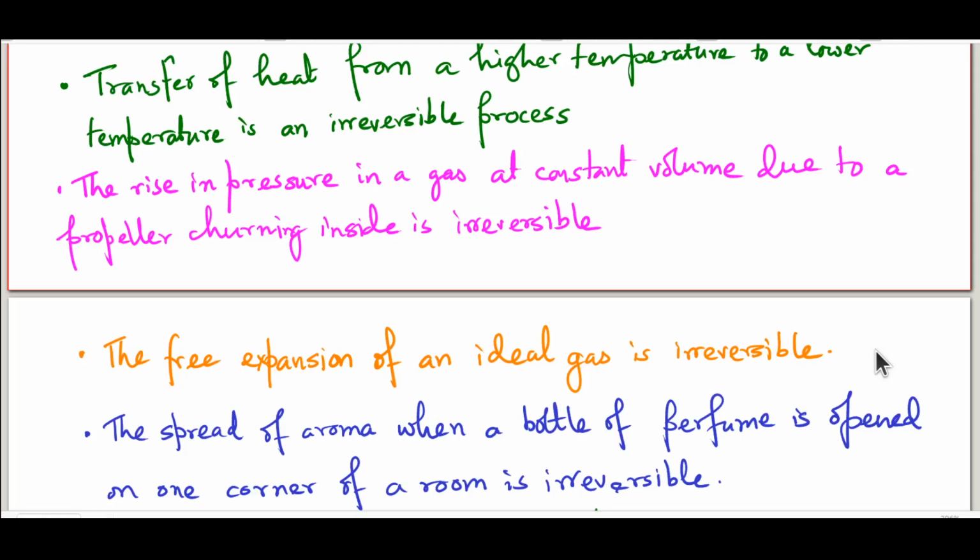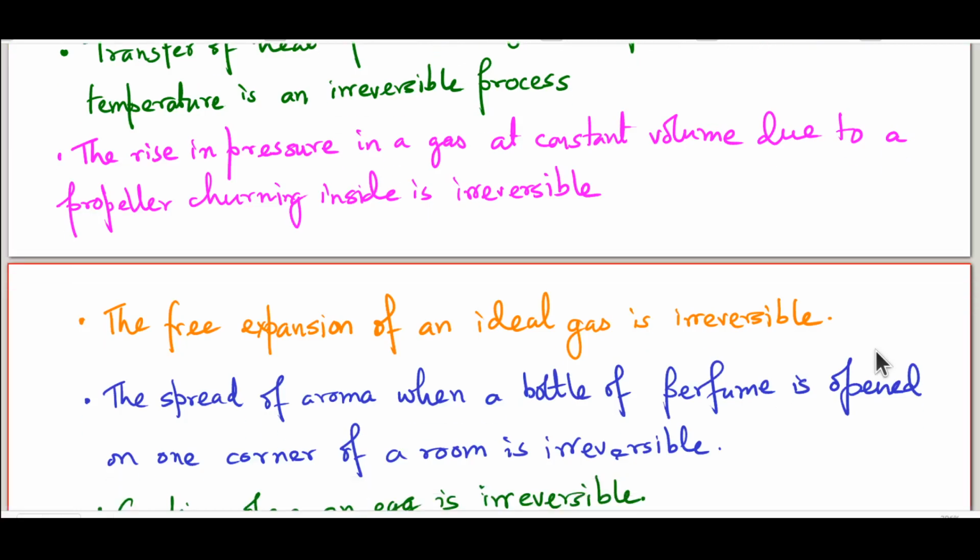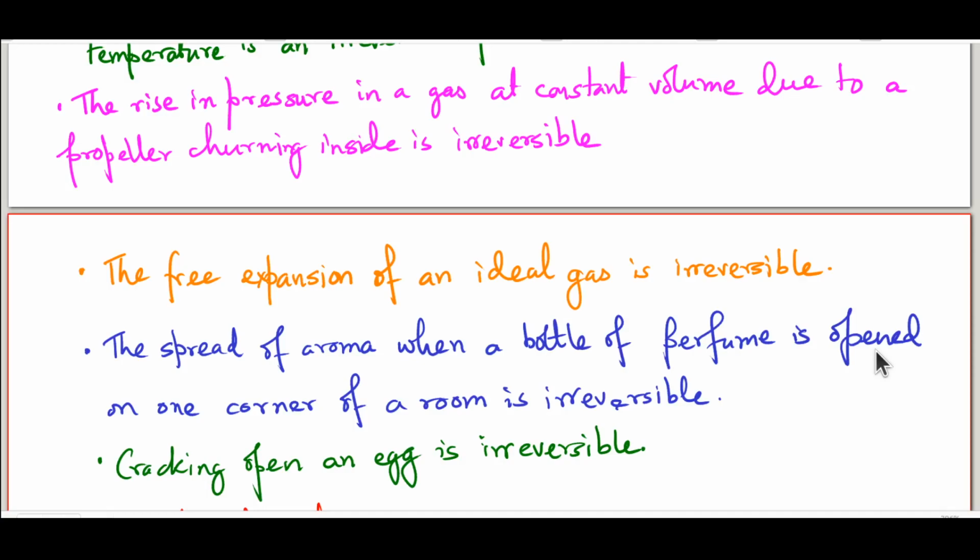What is really responsible here is convection. Air streams moving around in the room carry the aroma from one end to another. Be that as it may, you cannot really expect that all the aroma will go back to the bottle once it's opened. You cannot reverse the process of the spread of the aroma.